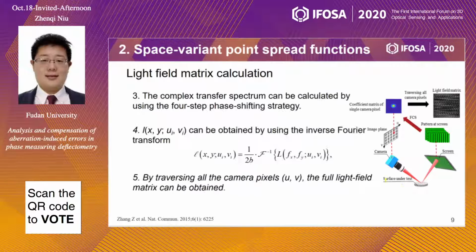The complex transform spectrum can be calculated by using the four-step phase shifting strategy. The light field of one camera pixel can be obtained by using the inverse Fourier transform. By traversing all the camera pixels, the full light field matrix can be obtained.